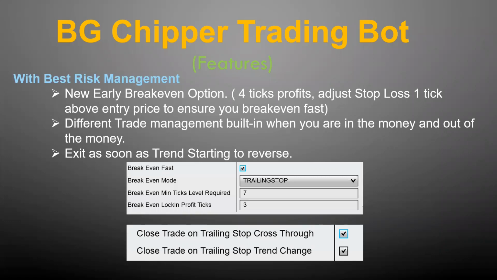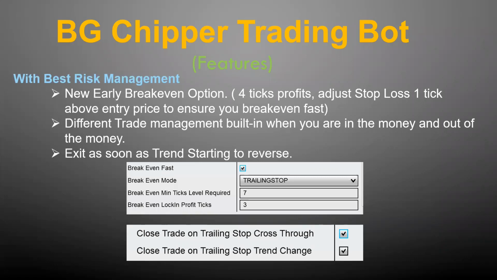It'll do it for you immediately, much faster than you can react. And that is such a powerful tool. How many times do you get in and you hear the word stop, stop target hit before you even know what happened? Sometimes the market just moves quickly like that, and you're out before you even know what happened.